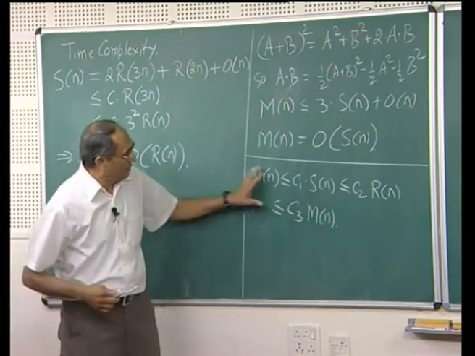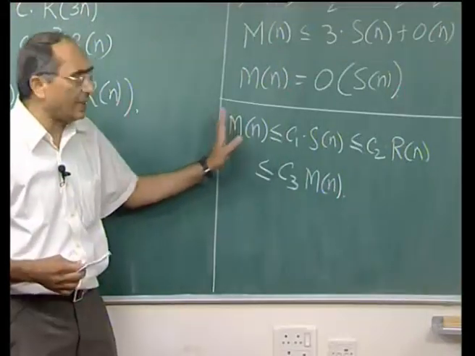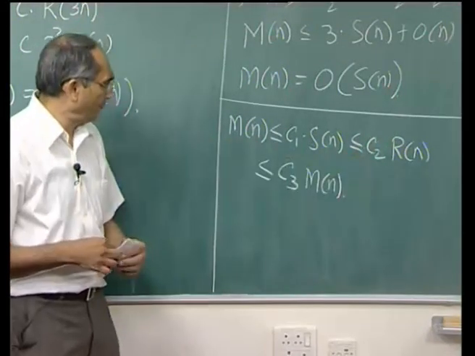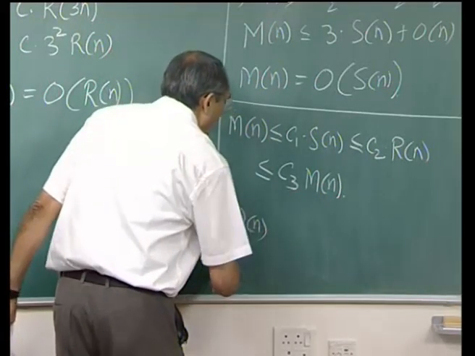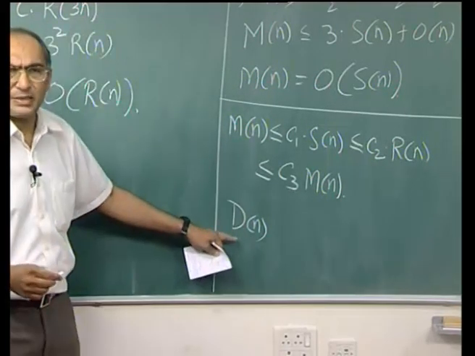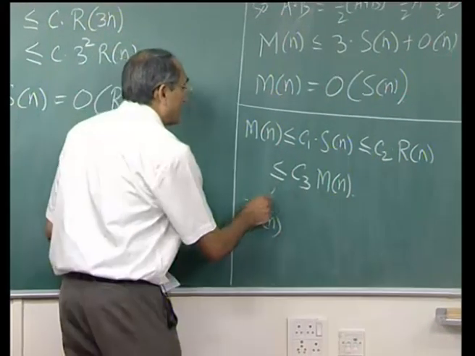Hence, all these 3 operations take the same Mn, so they have the same time complexity. And again, the division is nothing but one reciprocal and one multiplication. So this also has the same time complexity as all of these.